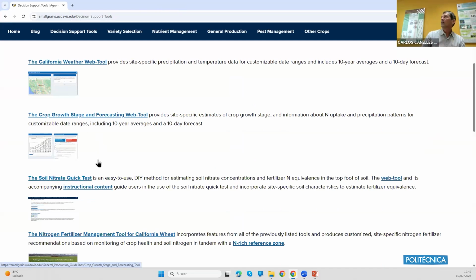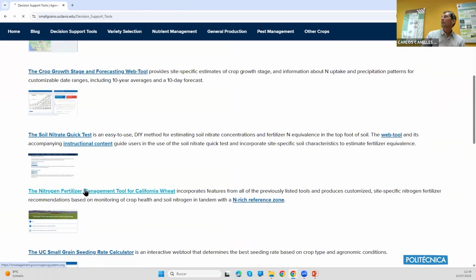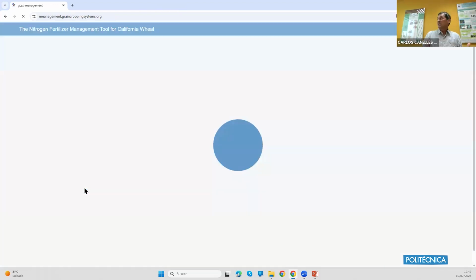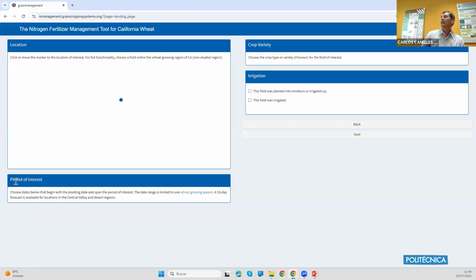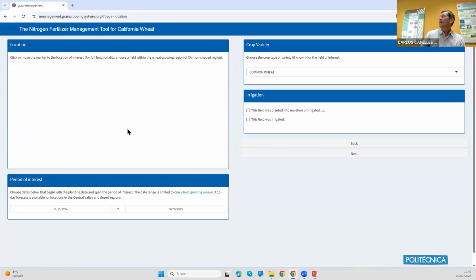We have a number of these. The one that is the most expansive and incorporates the most environmental data and most complex agronomic models is our nitrogen management module.